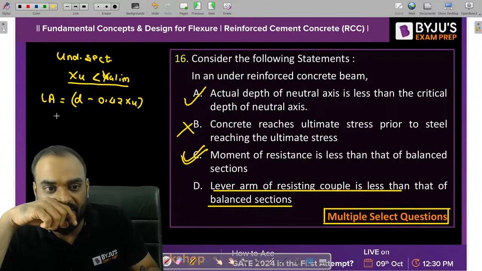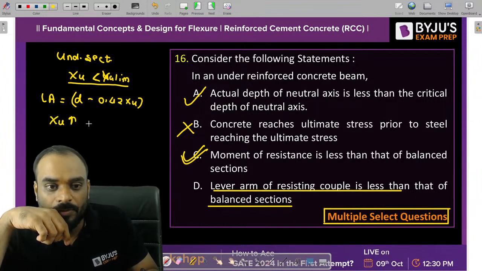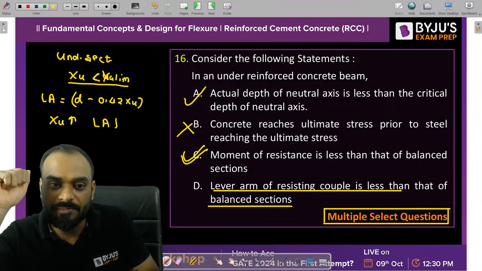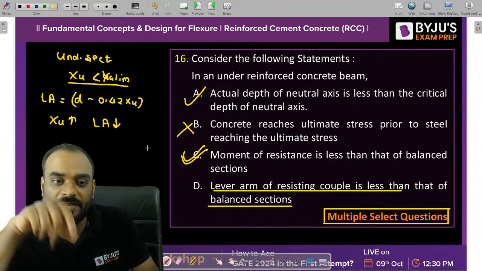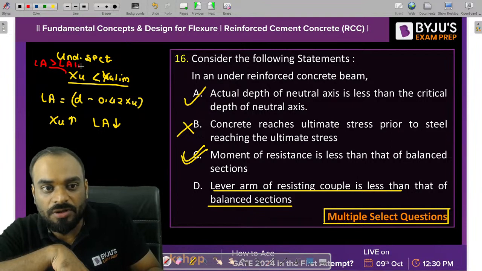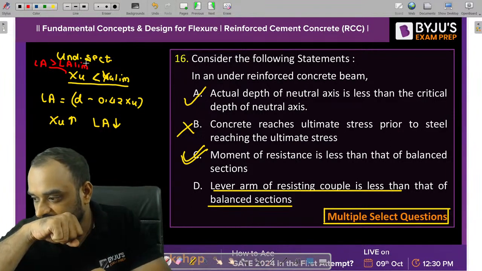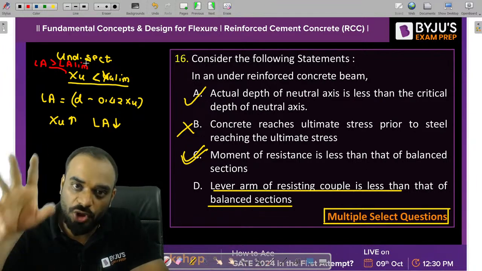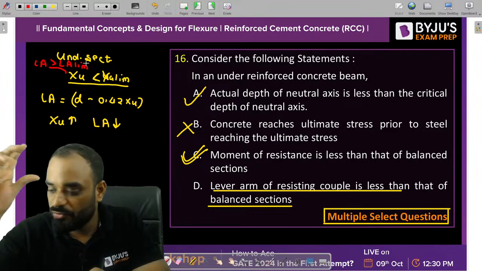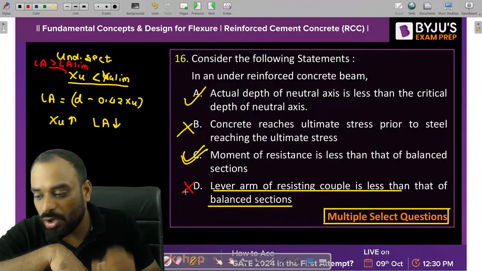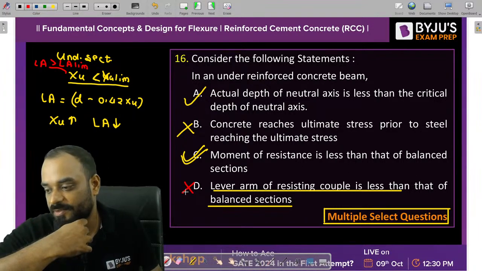Now if I increase the value of XU, this parameter will increase, and my lever arm will decrease. Simple. So in case of under reinforced section, the lever arm should be greater as compared to the lever arm for the limiting section. That's why D is the wrong statement.